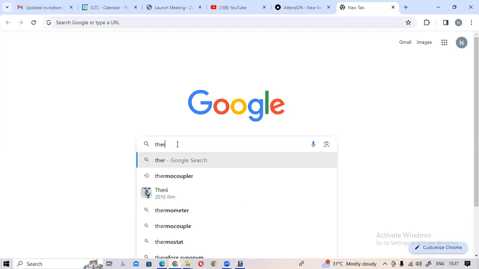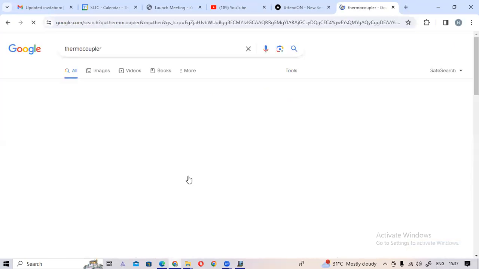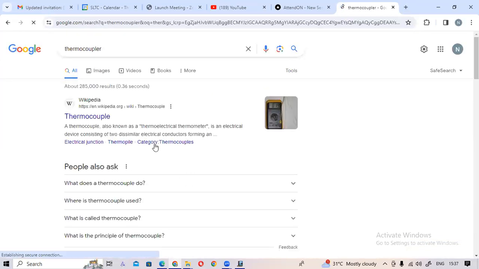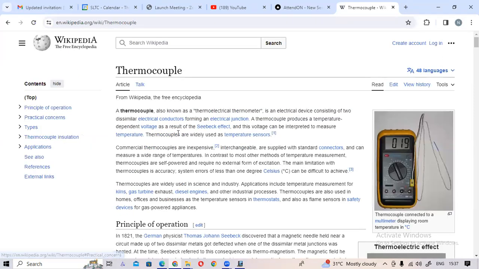It produces a temperature dependent voltage.